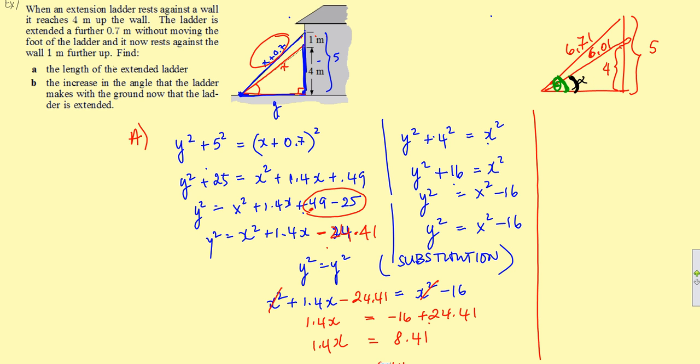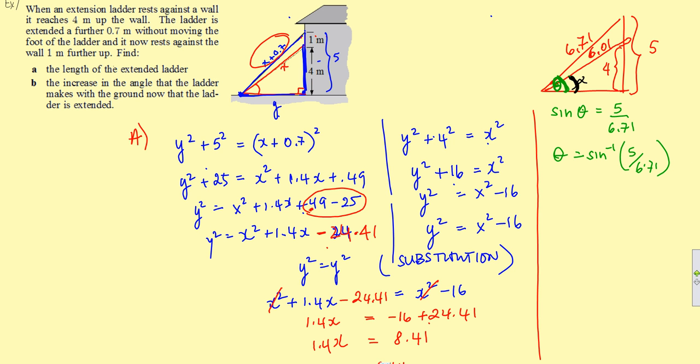So let's find angle theta first. Theta is going to equal, let's see, it's opposite over hypotenuse. The opposite is 5, so it's going to be sine. So we'll say that the sine of theta is equal to the opposite 5 divided by 6.71. And then theta is equal to the sine inverse of 5 divided by 6.71.